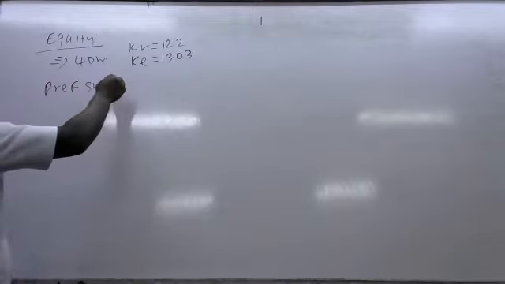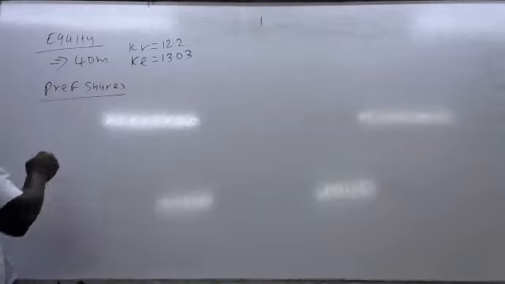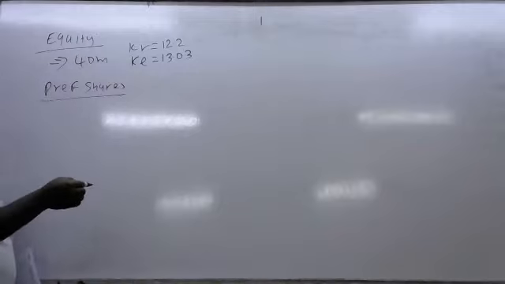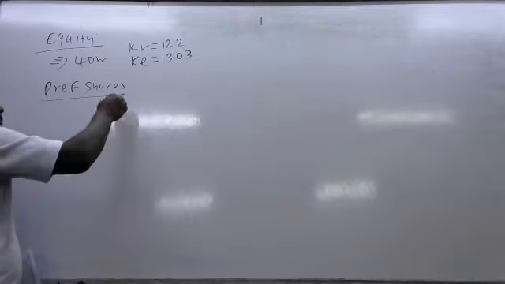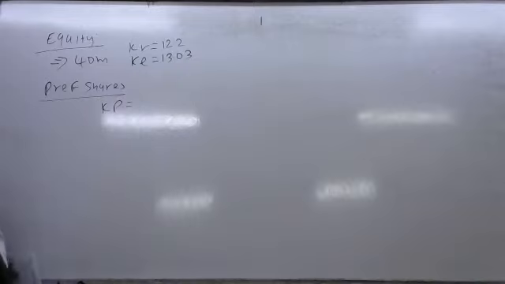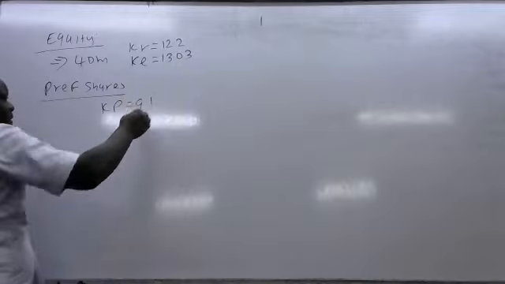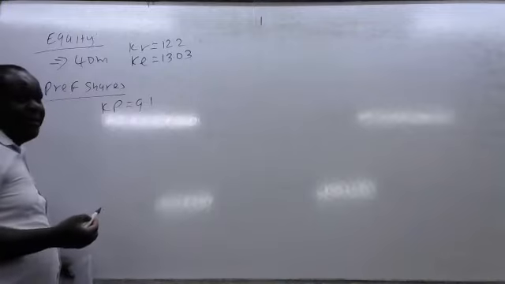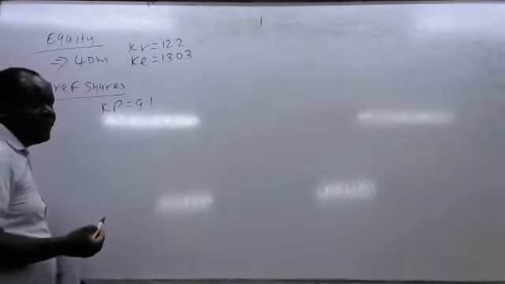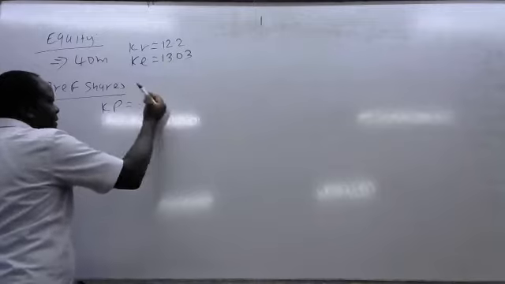Preference shares had no breakpoint, but we have calculated KP for that. What was KP for the preference shares? 11.58. Yes, we calculated today the cost for the preference shares.